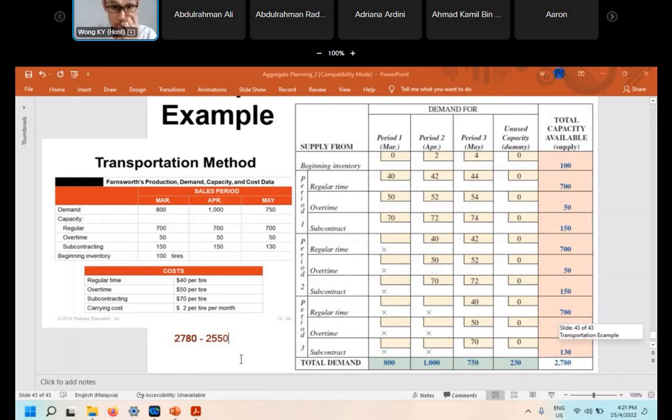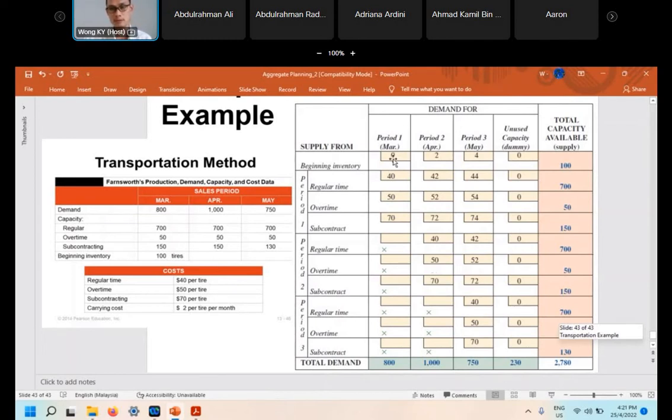Then what's next? You see numbers here at the top right-hand corner of each cell in the table. These values are all the cost values given, cost per tire. For example, look at the first cell. The first cell is 0.